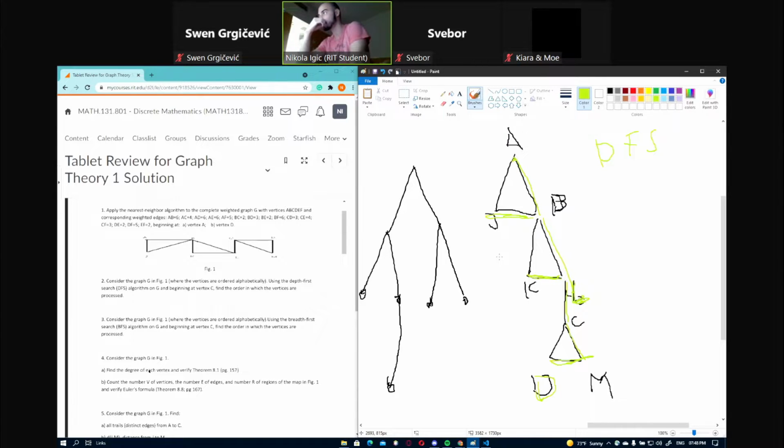Do you understand? Depth first search is all about going deeper. And breadth first search is about searching one directory first and then going into another subdirectory.